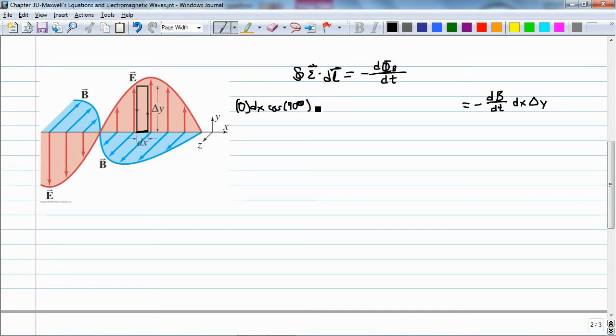then we're going to have plus, and we're going to have an E plus a little dE. We're going to extend it up here a little bit above. And that's going to be times delta y at a cosine of 0 degrees.